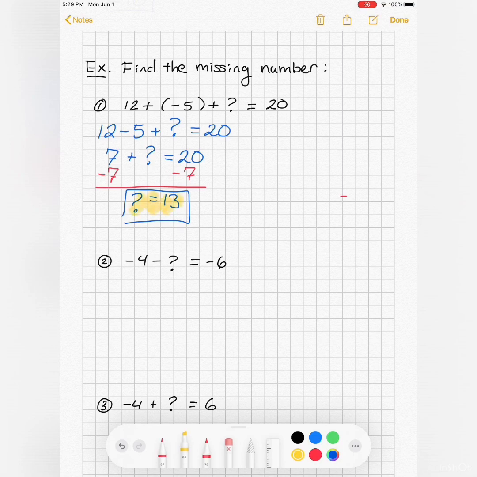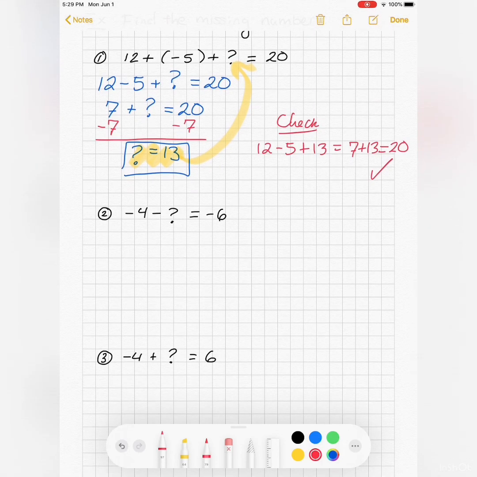Let's see, when I'm checking my answer, going back up here, so let me try this again. So 12 minus 5 plus 13 is 7 plus 13 is 20. So this is how I would check. So that looks good.